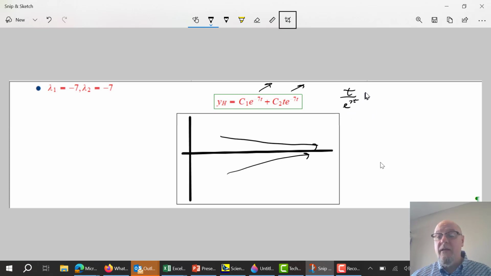They both go to infinity, so infinity over infinity. Use L'Hopital's rule, and you get a number divided by infinity, which is 0. So both pieces approach 0. If both eigenvalues are real, the same and negative, the solution goes to 0.